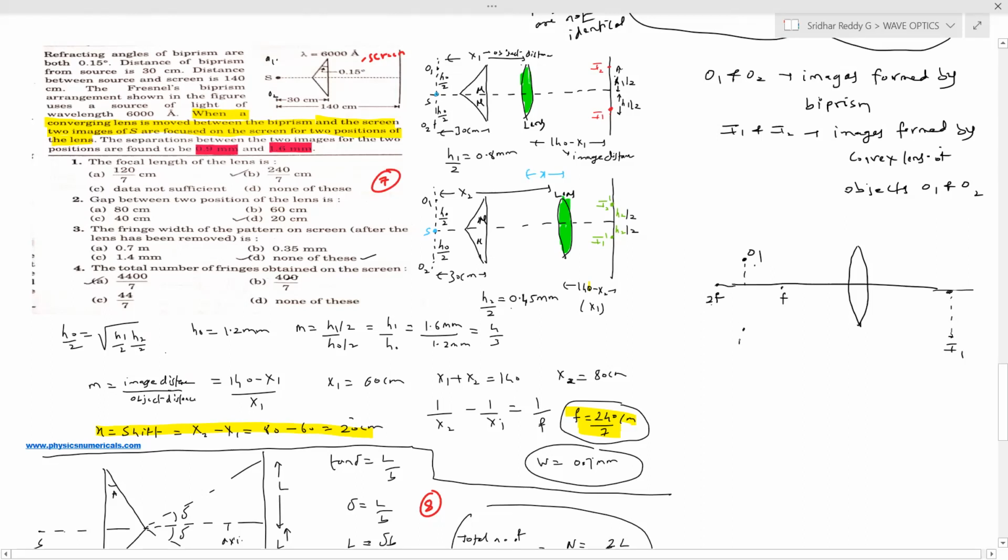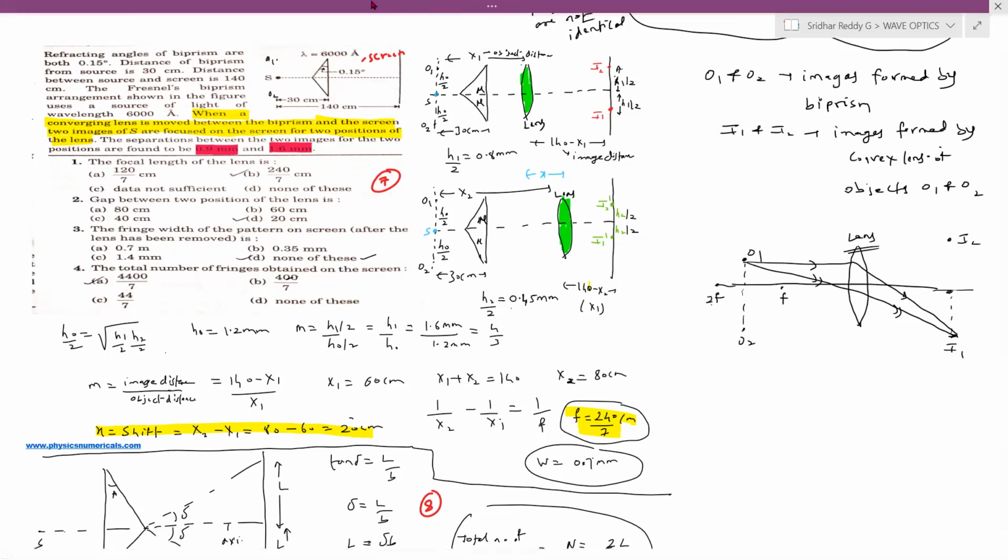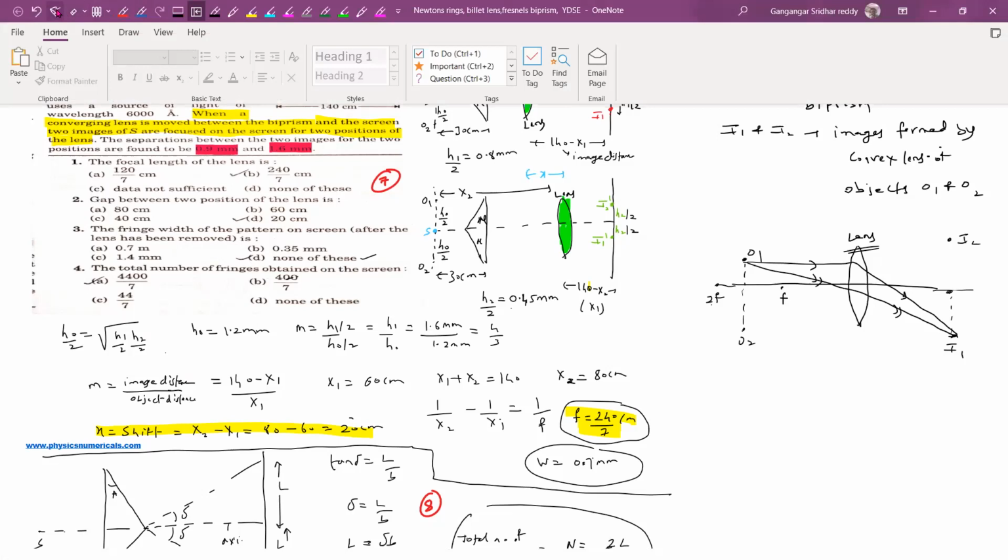Similarly, if the object is here, the corresponding image will be formed here. If you can recollect ray optics, there's a basic idea. The same ray diagram you can draw for I2 also. So why is I1 above the axis and I2 below the axis? Because of this lens.